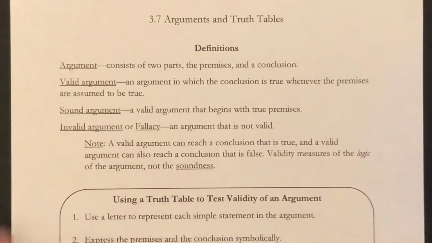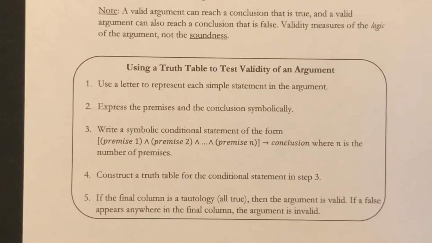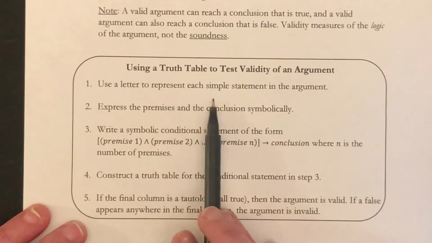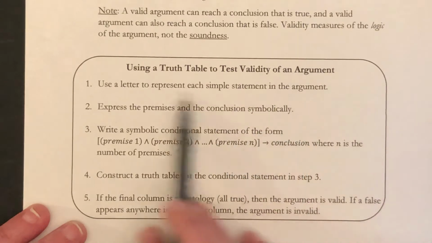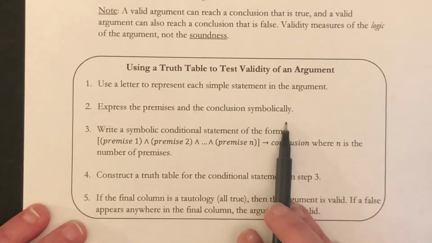Okay? So, how do we use truth tables to test whether or not an argument is valid? We are going to have to use a letter to represent each simple statement of the argument. We've had a lot of practice with this. We'll figure out what we're going to call P, what we're going to call Q, and so on. And then we're going to write them in symbols. We have a lot of practice with that as well.